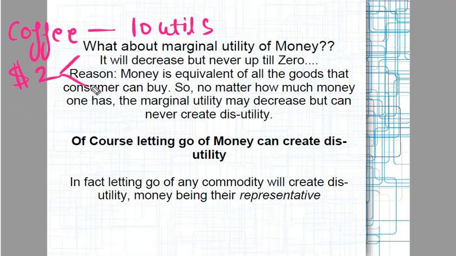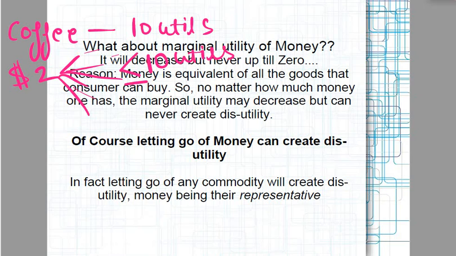All the things that we can buy with $2 are, remember this, either less than 10 utils or equal to 10 utils.